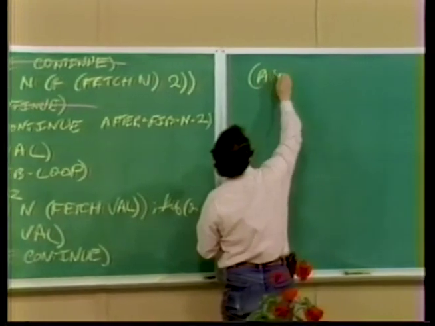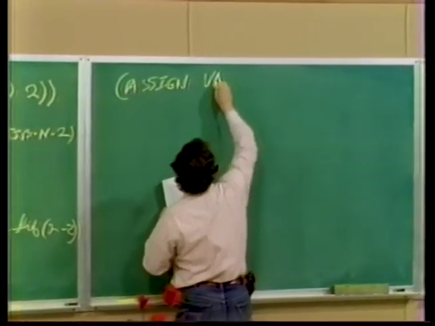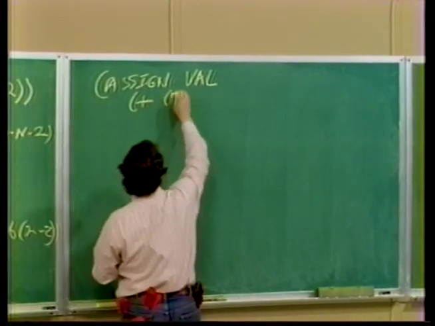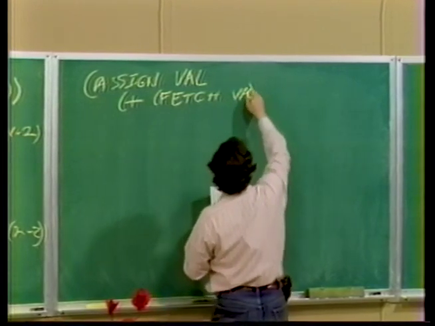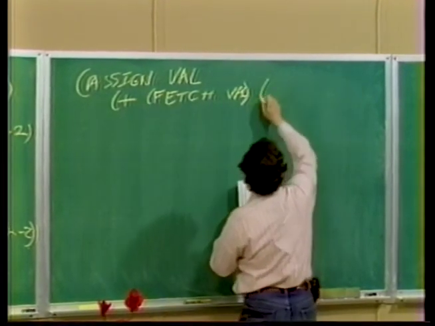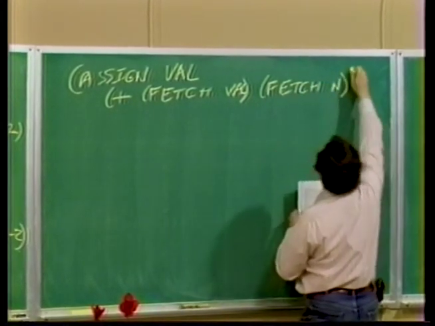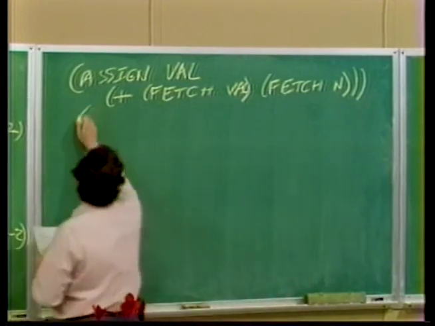Assign to val the sum of fetch, val, and fetch of n, and go to continue.